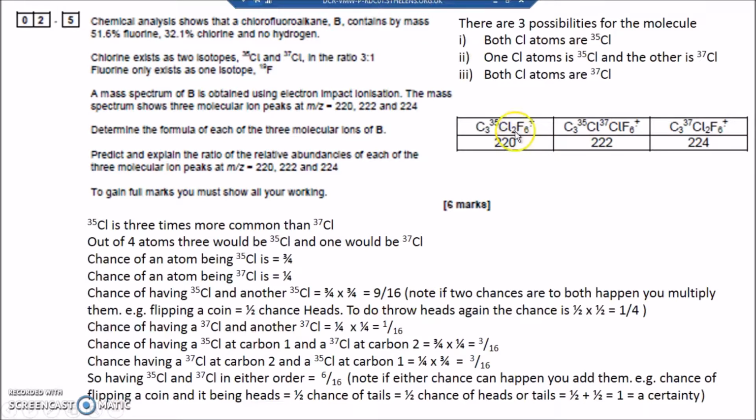Although, as I say, if you work out that the first one has got a chance of 9/16 and the second one has got a chance of 1/16, that's 10/16, so the remaining part is 6/16 for this one here, MR222.